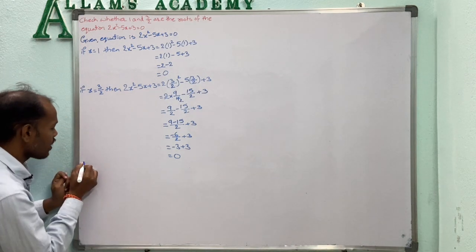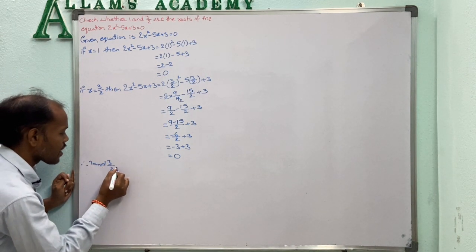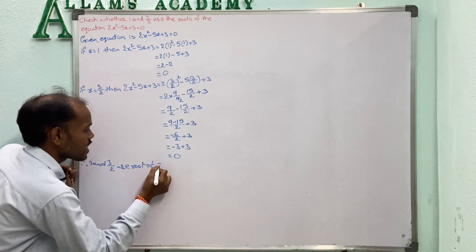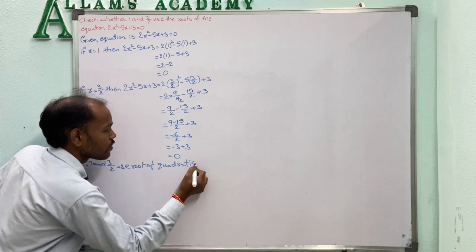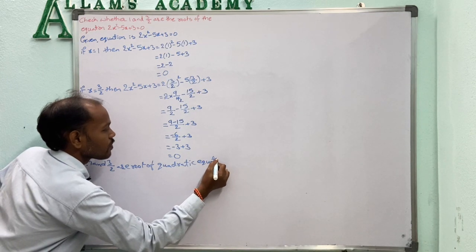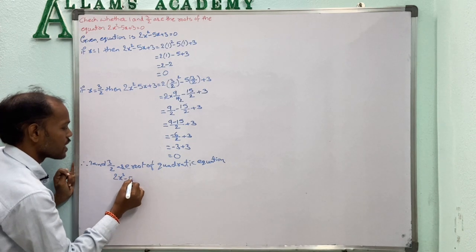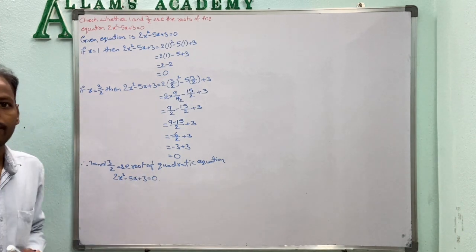Therefore 1 and 3 by 2 are roots of the quadratic equation 2x square minus 5x plus 3 equal to 0.